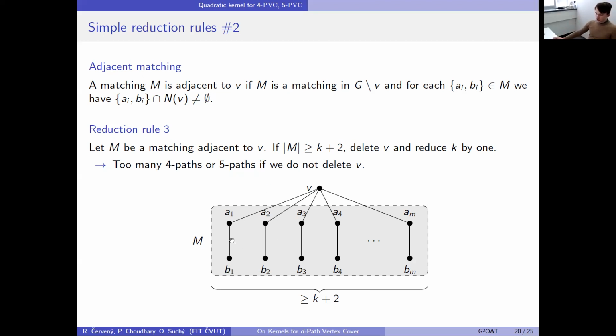And as you can see, these k+2 edges are disjoint from each other. So let's say we did not want to delete vertex V, then we would have to delete at least k+1 of these edges to delete all of the paths in the graph. That's something we cannot afford. Therefore, the rule is correct by deleting just V and lowering k by 1.